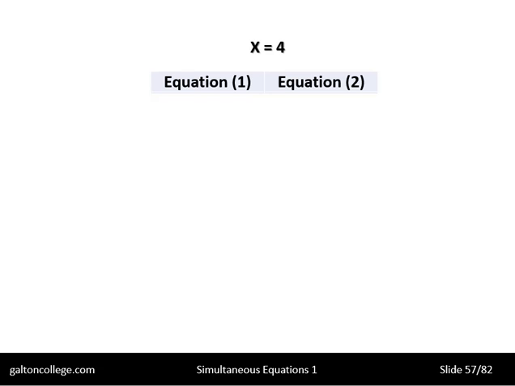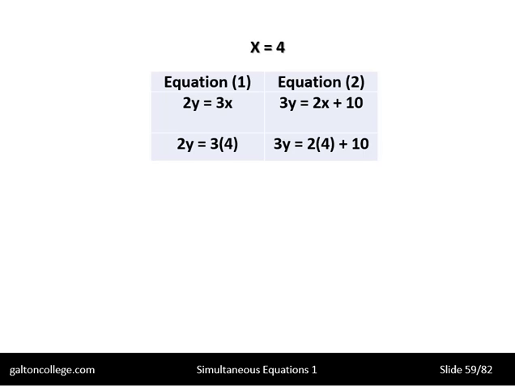So equations 1 and 2, right? With equations 1 and 2, those are the equations, and we can put x in now. So we have x equals 4. So that's 3 times 4. The bracket, remember, is the same as multiply. And over here we have 2x, so it's 2 times 4 plus 10 is equal to 3y.